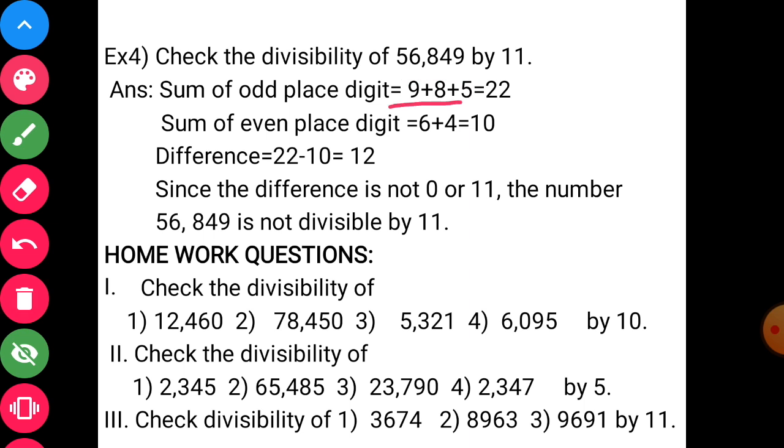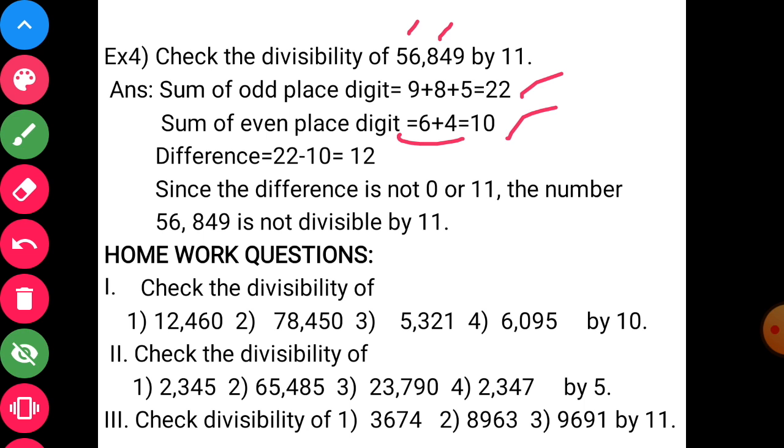9 + 8 + 5. So these are the odd place numbers. You will get 22. Sum of even place numbers here, which are the even place numbers? 4 and 6. 6 plus 4 is equal to 10, you will get.